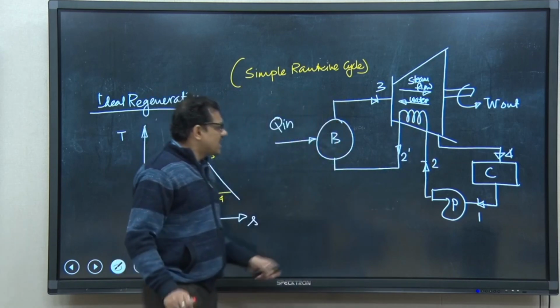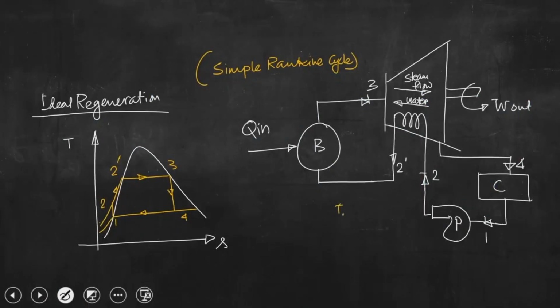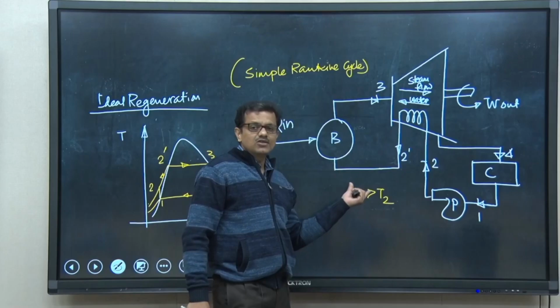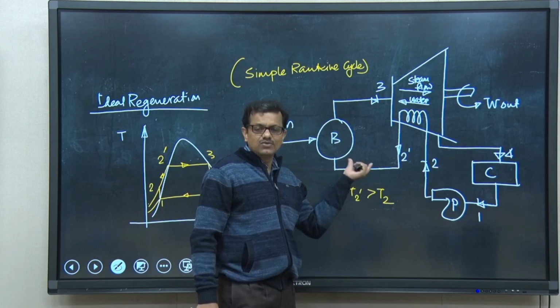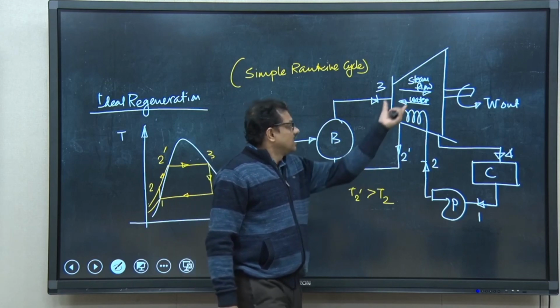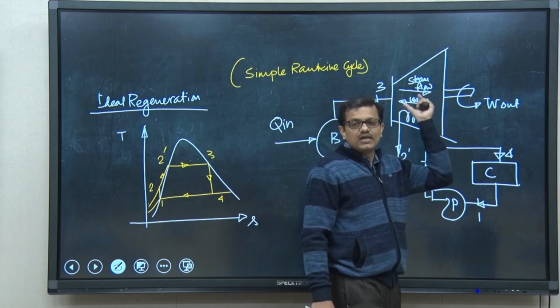Now, try to understand that T2 prime will be greater than T2, at the cost of getting the temperature of feed water higher before it enters the boiler. We need to compromise the steam temperature or steam quality as well.